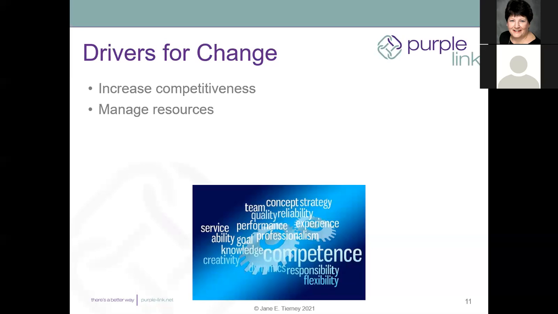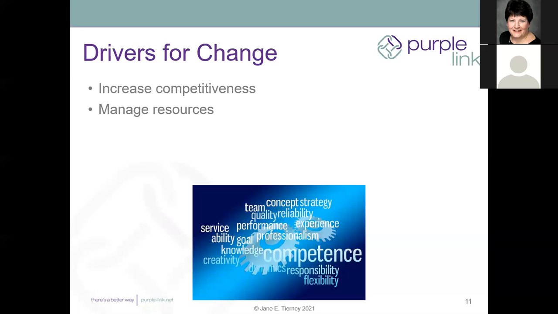You can have people doing a lot of different things, but if those inputs aren't resulting in the outputs that you want for your organization, then you have to look at what else they're doing that's detracting from that. The same thing, if you're not getting all the outputs that you want from the activities that you're doing, you want to take a step back and say, okay, then where are my resources going?